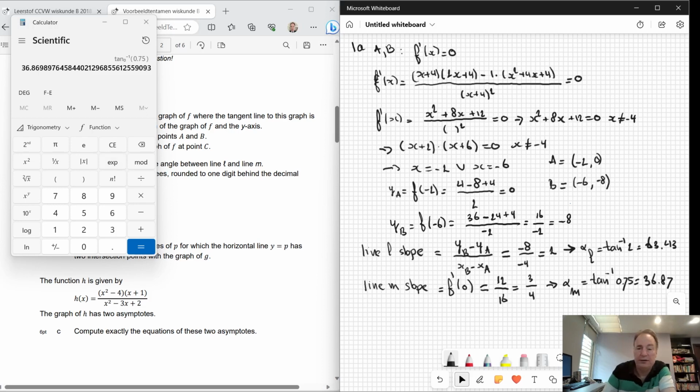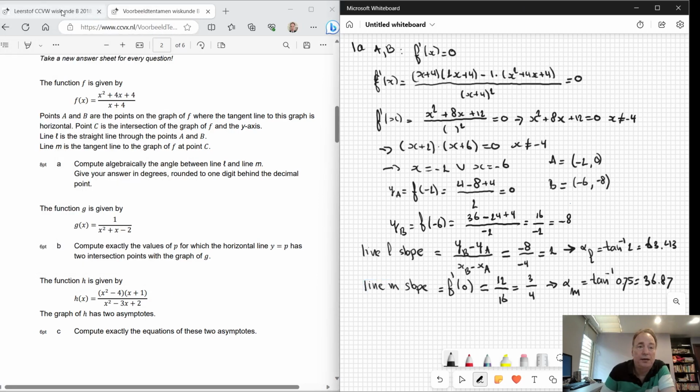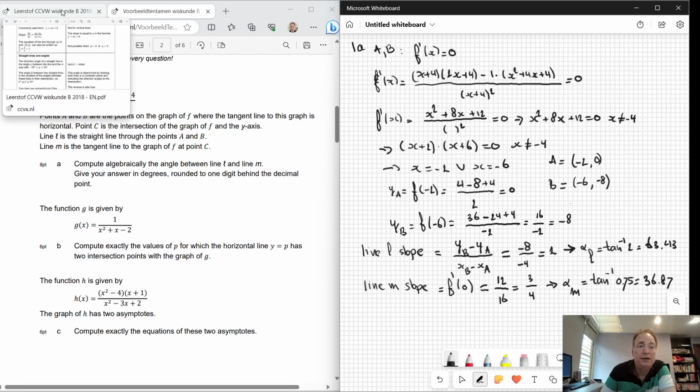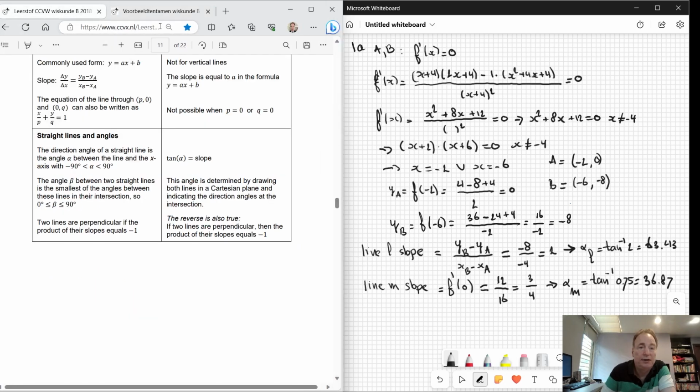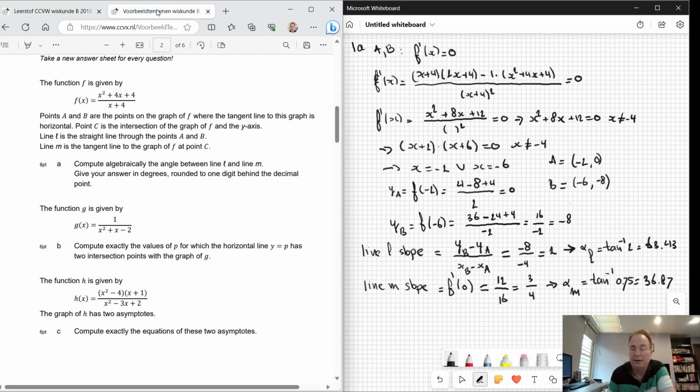So now we can just subtract them, one from the other. And again, note you have to put it in between 0 and 90 degrees, as mentioned there. So if you find something that is not within that, you need to take either the complement or just change the sign.